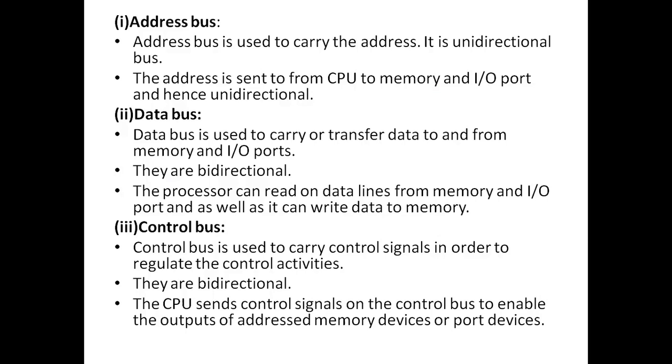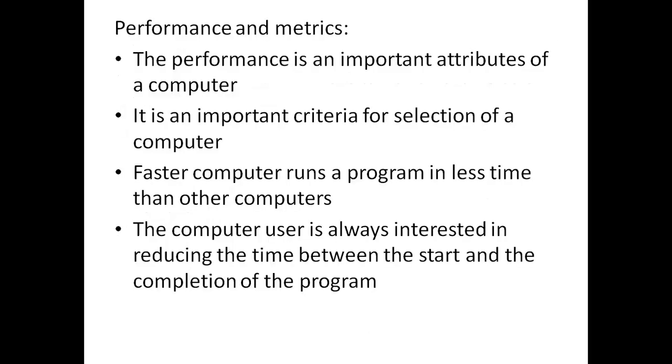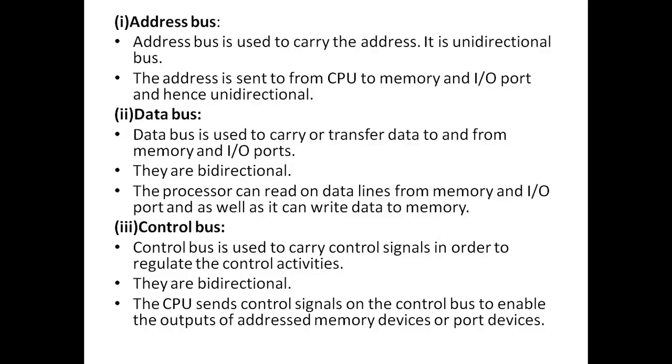In a computer system, there are three types of bus structures. The first one is the address bus, the second one is the data bus, and the third one is the control bus. See the diagram. We have the CPU, memory, and input and output units, and all are connected to the system bus.